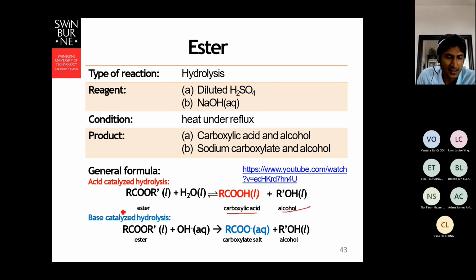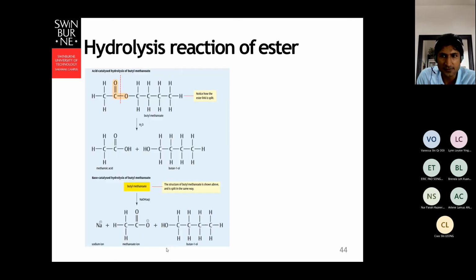But when there is a hydroxide or a base, sorry, it will produce a carboxylate salt and alcohol as well. So with heat and reflux, it will produce different products. And this is the reaction that it will produce. The ester is broken at the same position where it was attached.